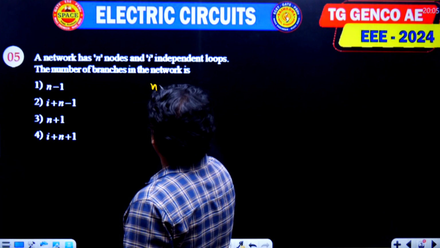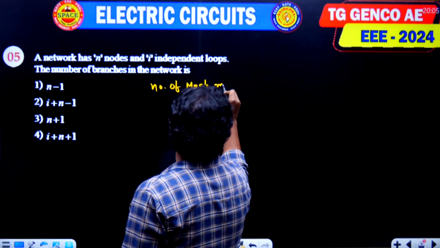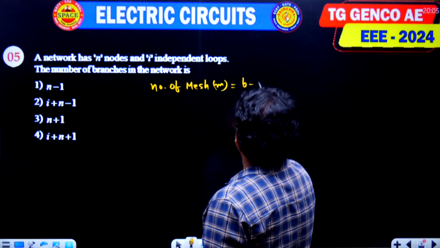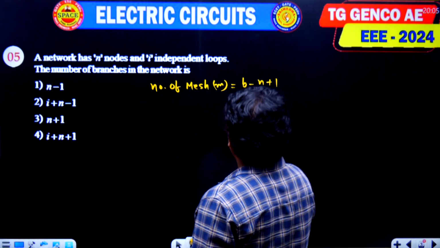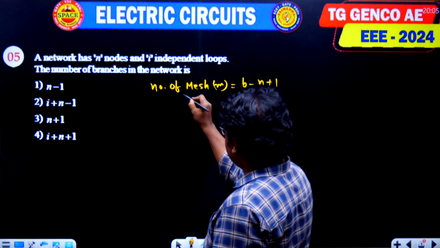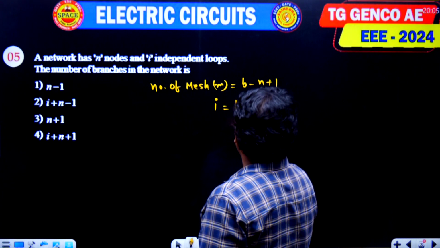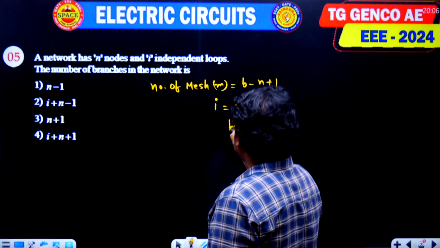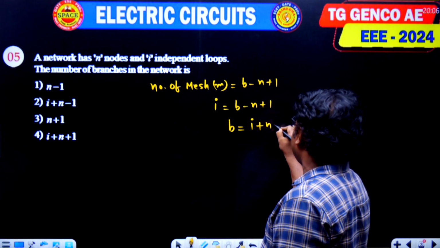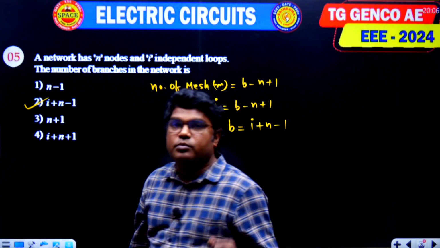We know that the number of independent loops is given by I is equal to B minus n plus 1, where B is the number of branches and n is the number of nodes. But we require B. So B is equal to I plus n minus 1. So option 2 is correct for this question.